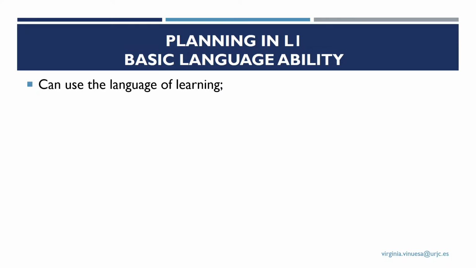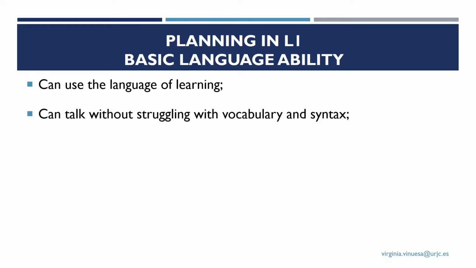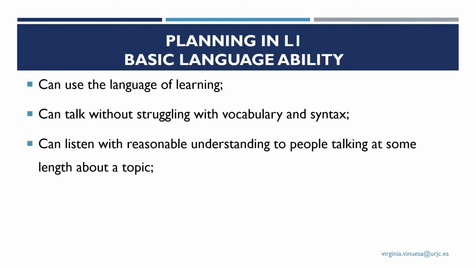So the main difference is, for example, when we are planning in the L1, in the student's mother tongue, they can use the language of learning. Of course, they all speak Spanish. They can talk without struggling with vocabulary and syntax. They can listen with reasonable understanding to people talking. I mean, they understand what the teacher is telling them, depending on the topics and the level of the students.